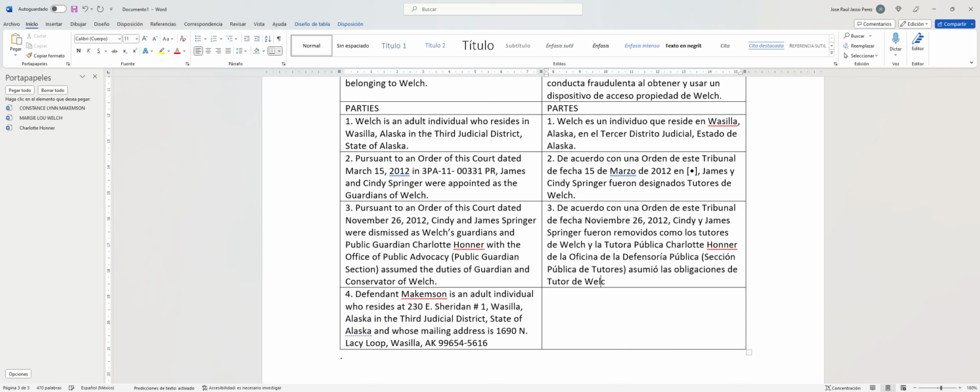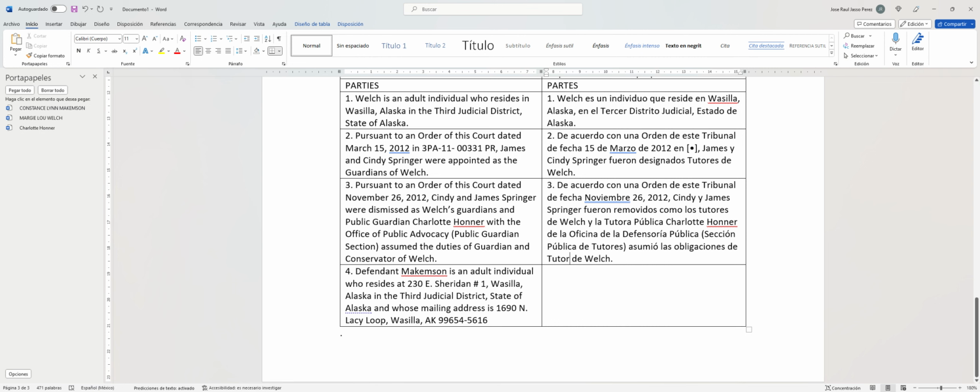de Welch. Now here we have two legal technical words, guardian and conservator. In Spanish jurisdictions there's the tutor, there's el tutor y el curador, right?